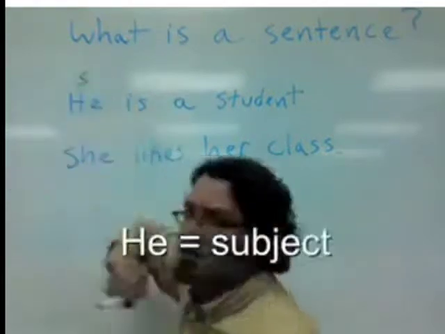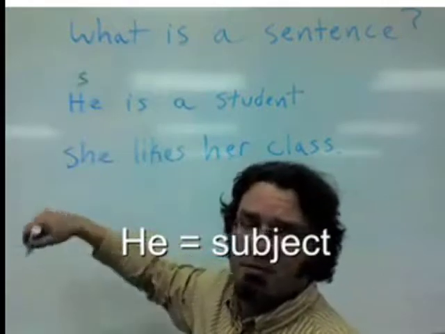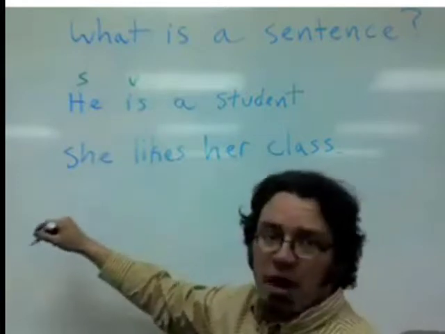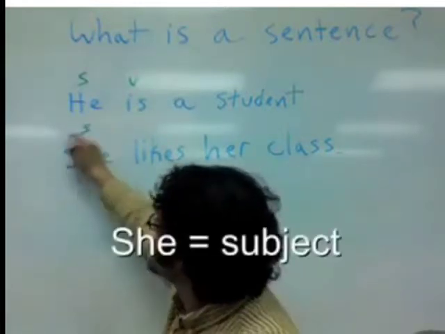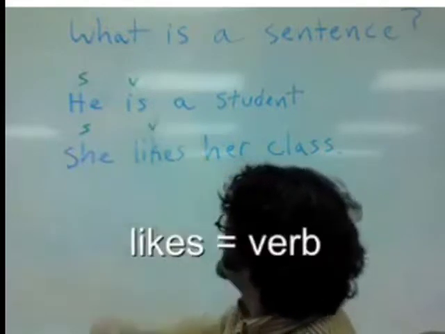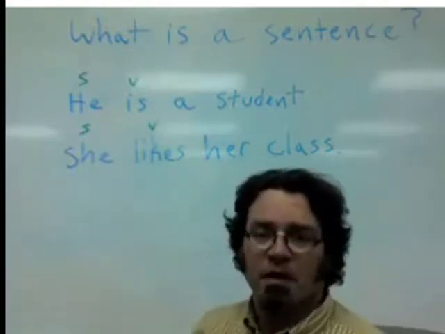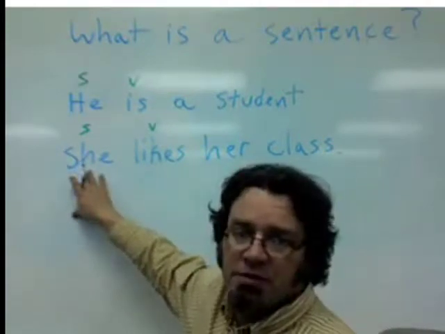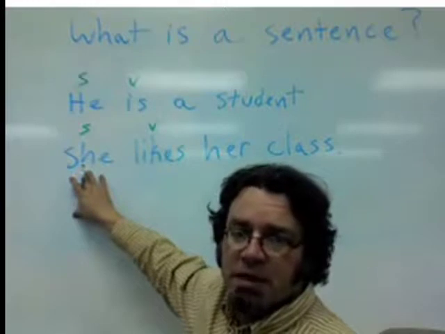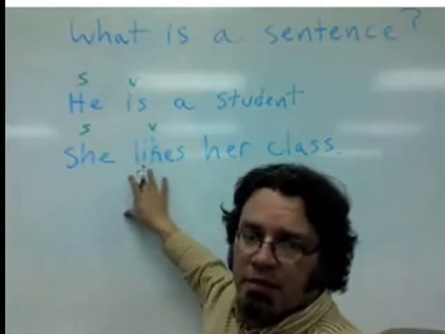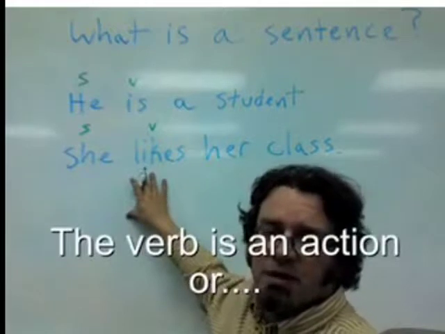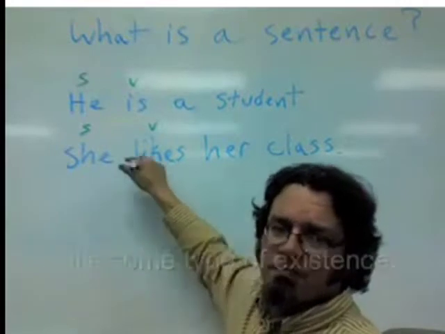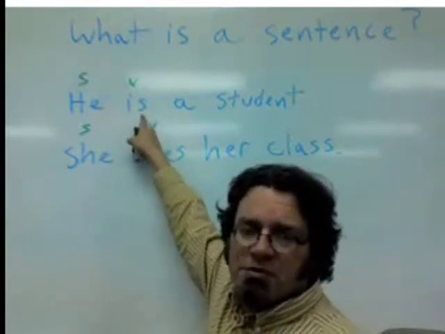This is the subject, and the verb be is right here. She likes her class. This is the subject, and this is the verb. The subject is a person, it could be a place, it could be a thing, it could be an idea, and the verb is an action, or it's some type of existence. The verb be shows existence.